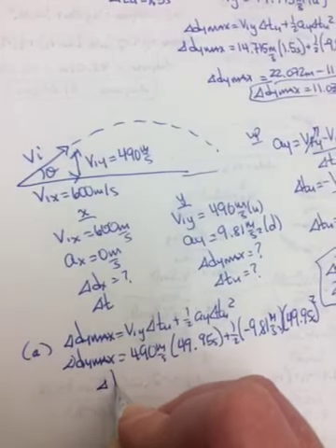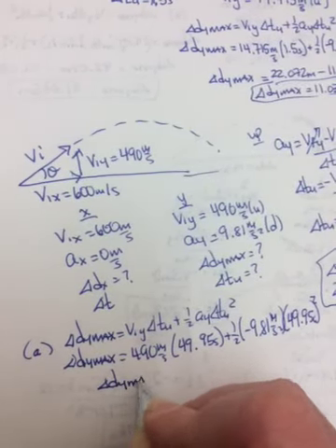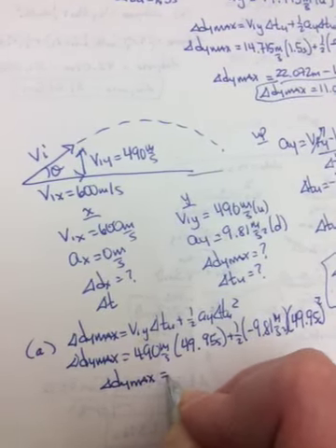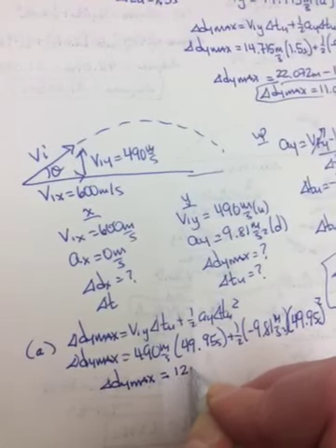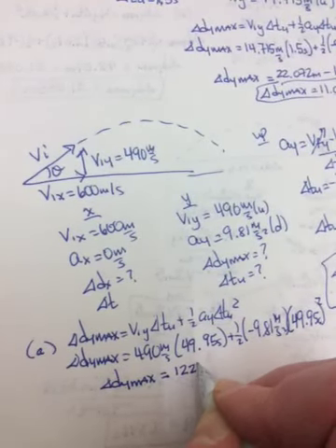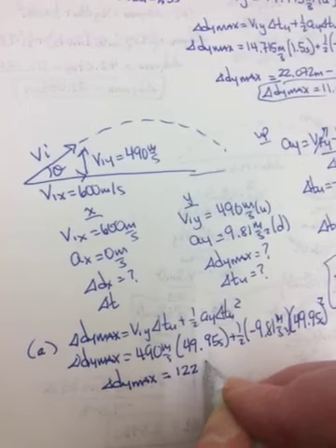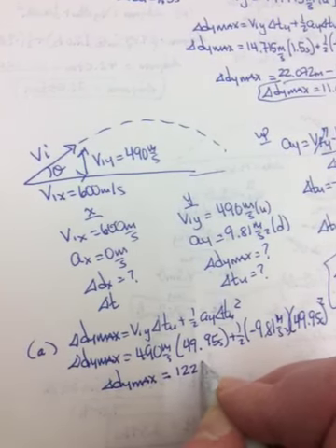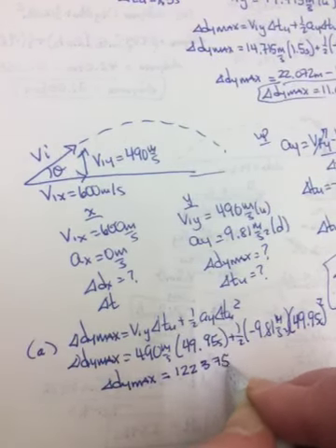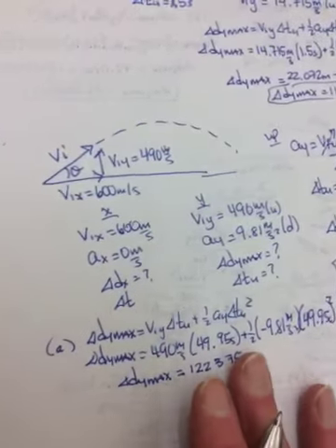And when you do this out, take away the two terms, one will be half the other again, and the final answer is 12,002. Oh, maybe 122,375 if I have my decimal in the right spot.